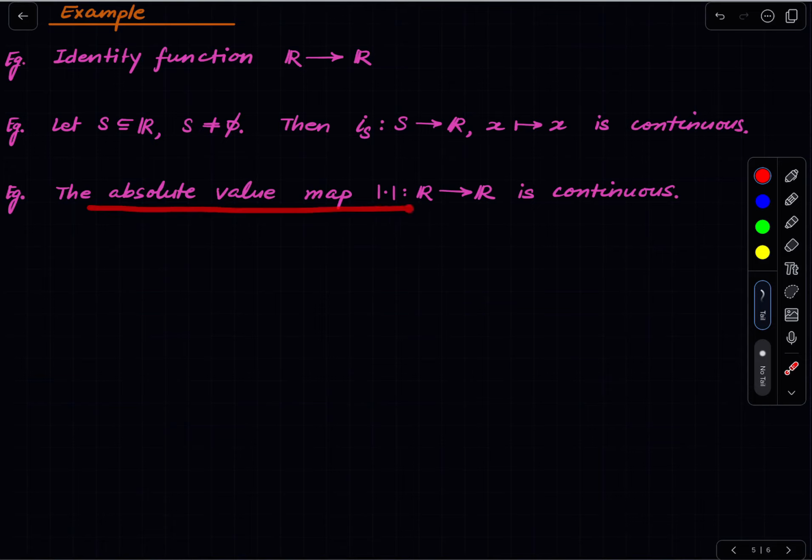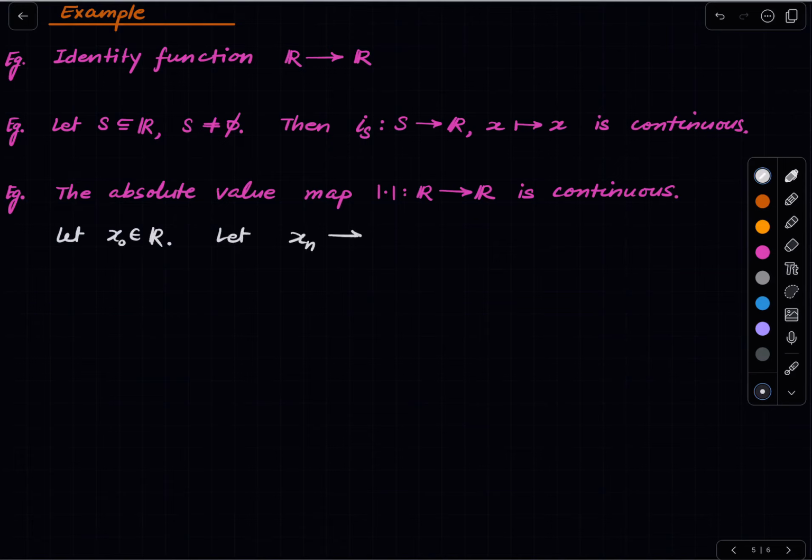And finally, the absolute value function. So why is it continuous? Fix a point x0 in the domain and let xn be a sequence which converges to x0. Well, then xn minus x0 converges to 0. Or you could also say that this difference is a null sequence as n increases.